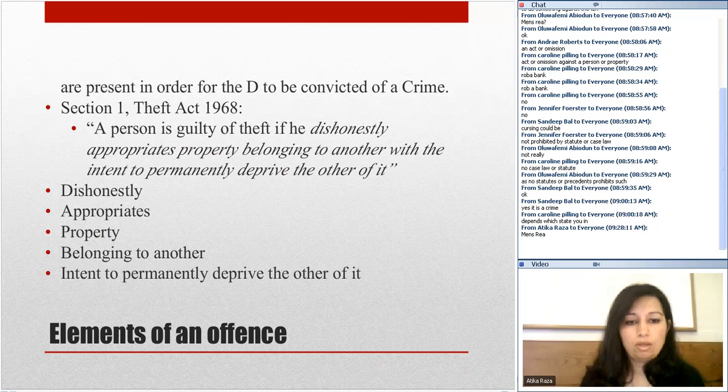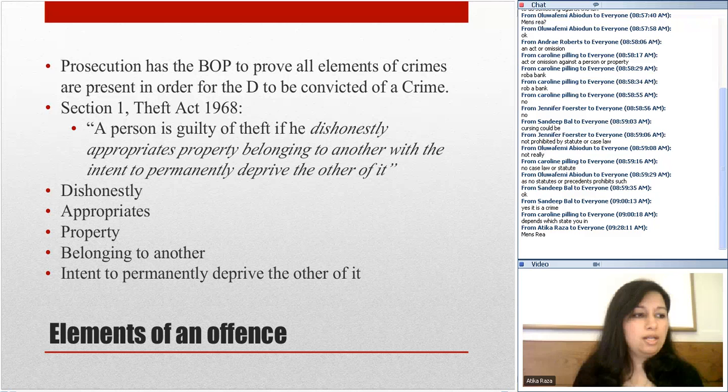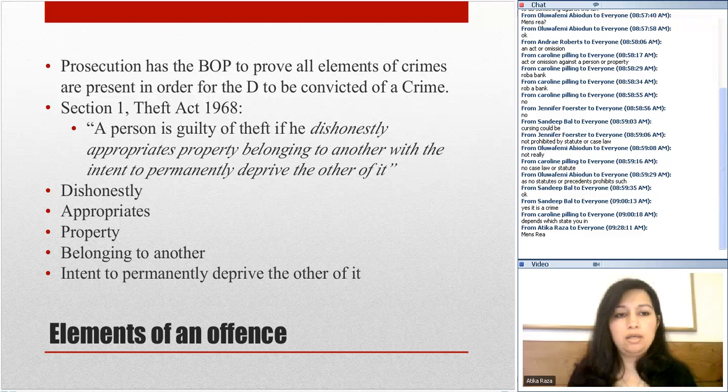All right, then, let's talk a little bit about the elements of an offense in detail. I have a little example of this section. It's from the Theft Act 1968. How do you know what the elements of a particular crime are?